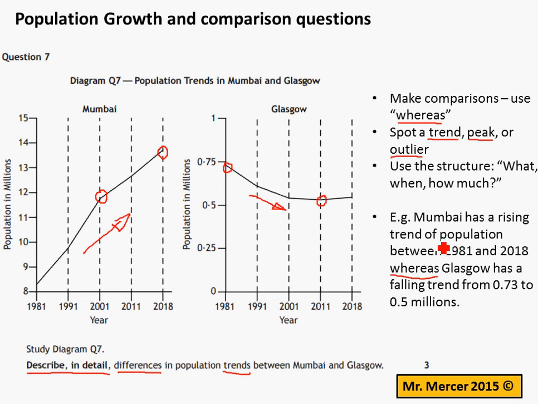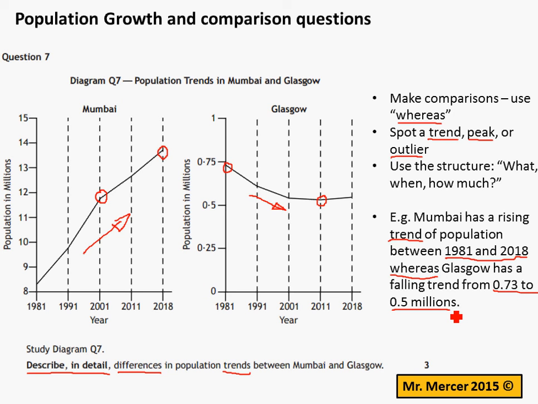I have combined here my observation of a trend with the dates from and to which that trend takes place, and the values with which that happens. So this is a combined approach.